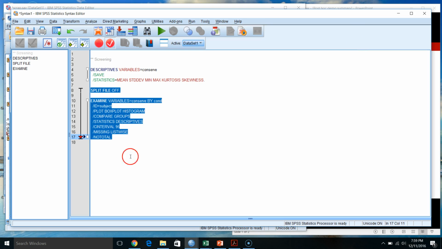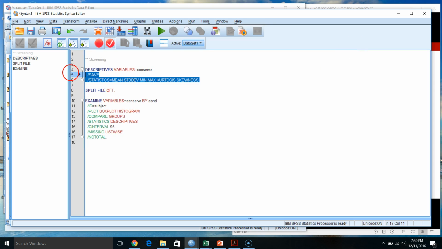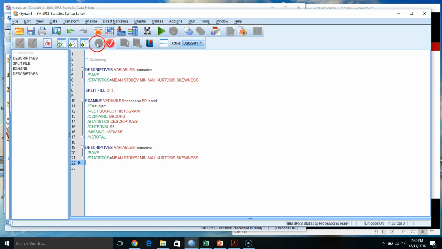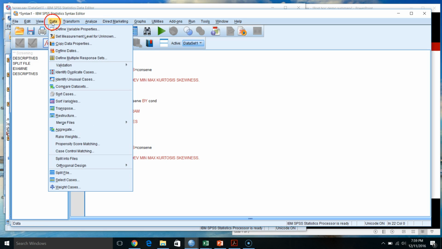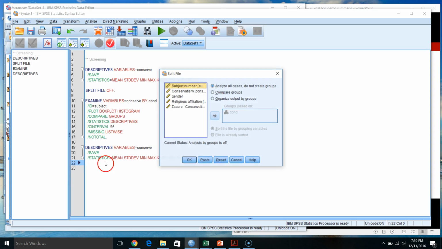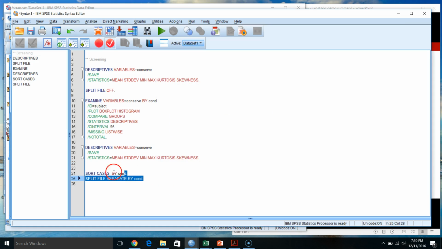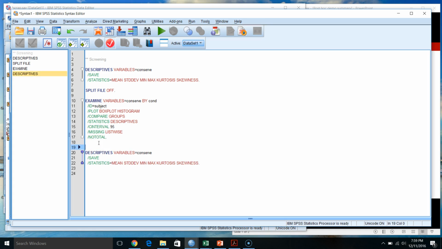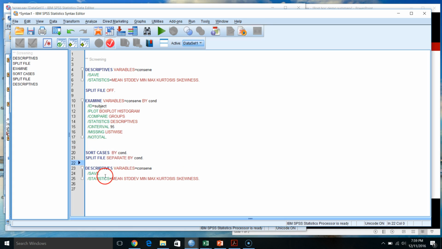We can close this out by going through and requesting, once again, I want to split file by condition and paste that in. So we're going to split file by condition.